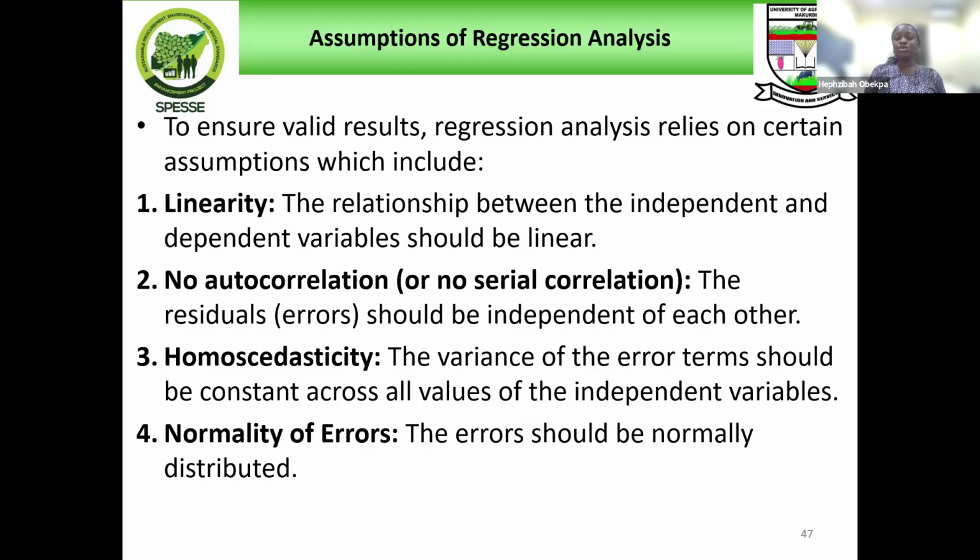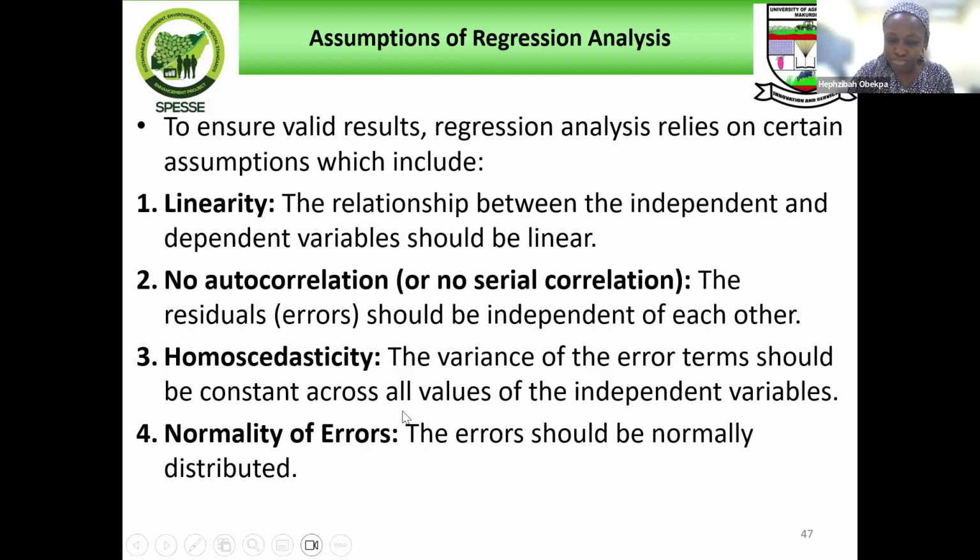Autocorrelation means that your errors are related. But the normal assumption for regression is that your errors should not be related. Are we following? So let me give an example.